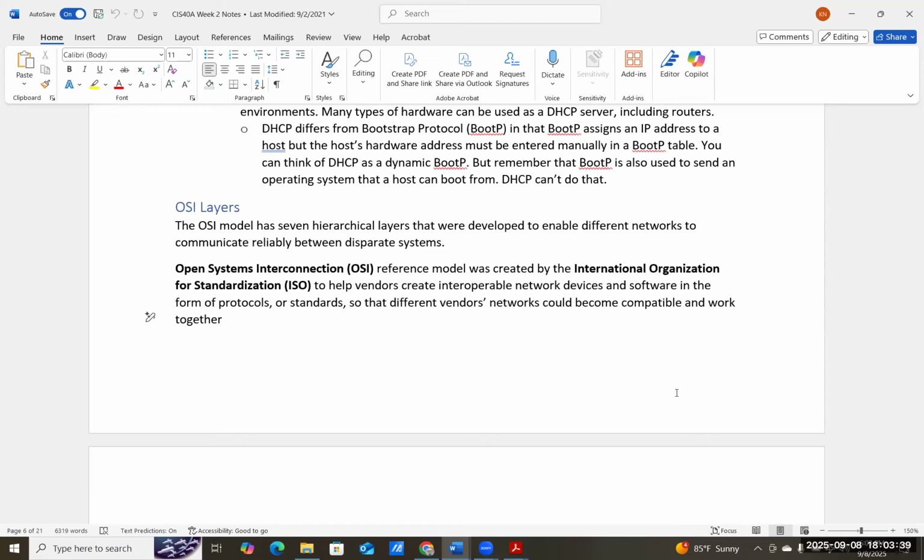For example, I can buy an HP laptop, and it should function and connect to the wireless network like a Lenovo laptop or a Dell laptop or even a MacBook, right? So it is a model that the industry follows so that everybody is standardized in communication using protocols and standards.